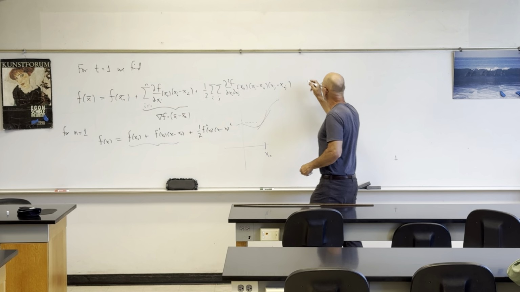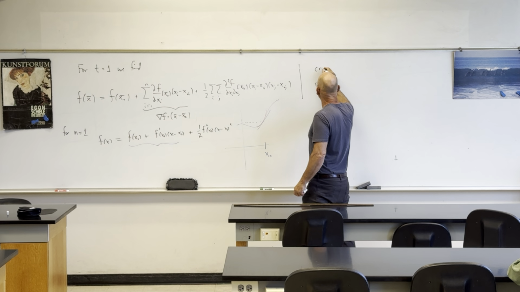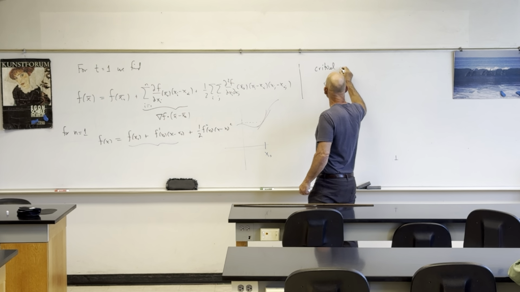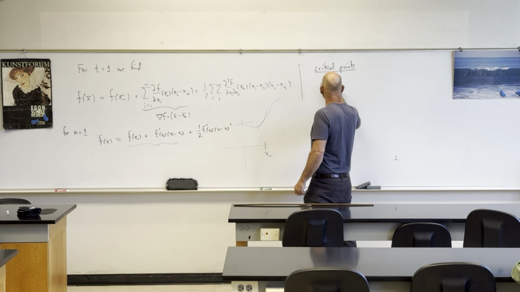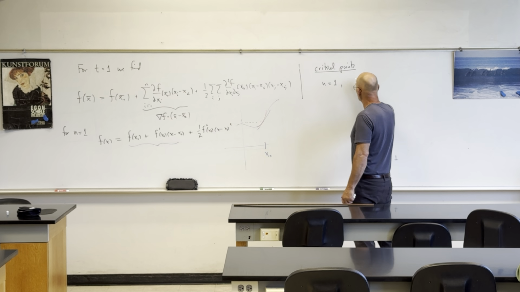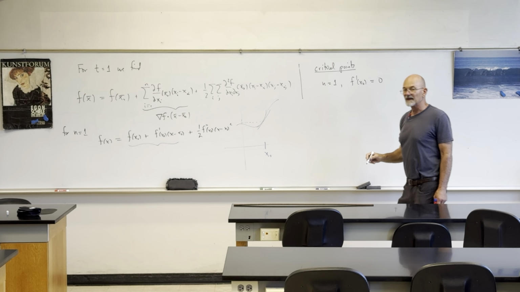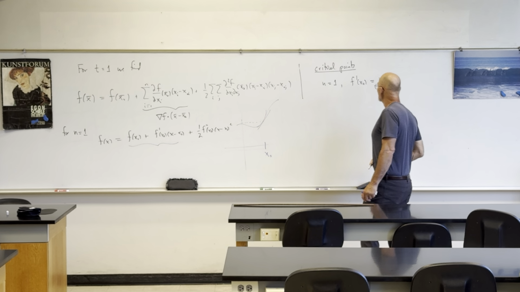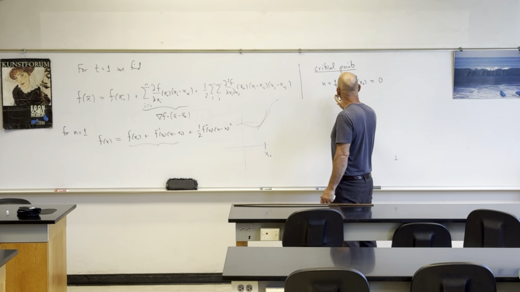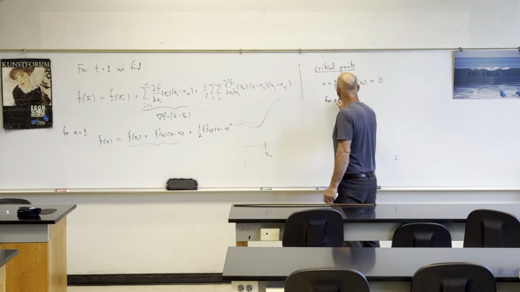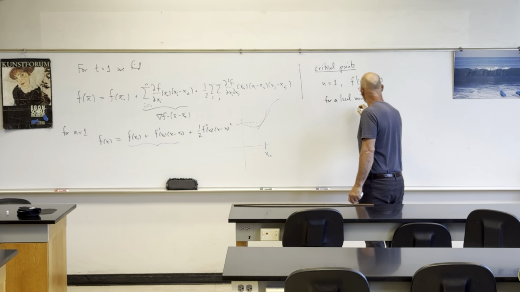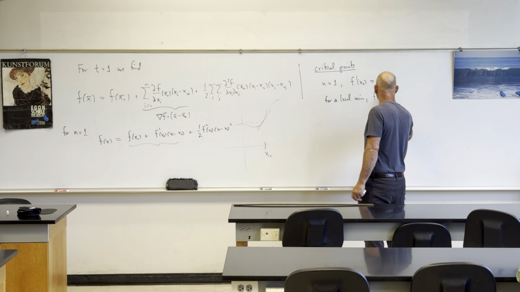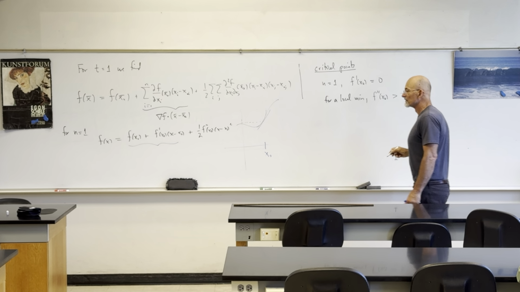So, critical points. For n equals 1, f prime of x0 equals 0. Good. And for a local min, f double prime of x0 is positive. Okay.